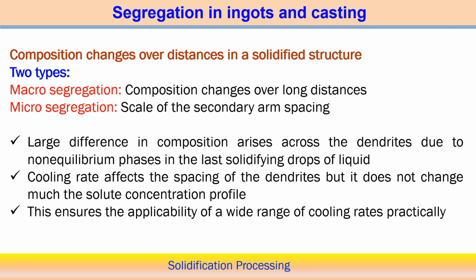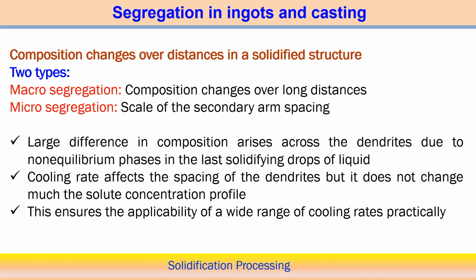So in that situation, some small voids or pores can be created, but not a very big central pipe or central cavity as in the case of low freezing range material.